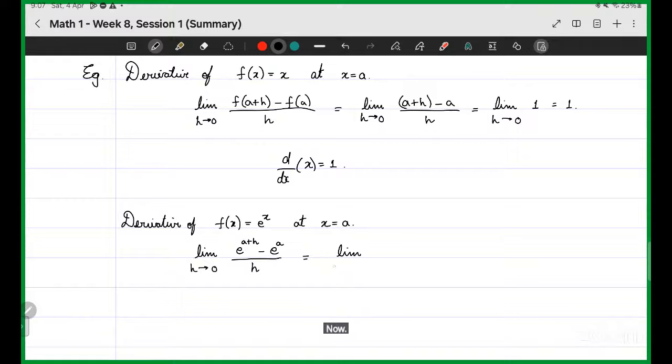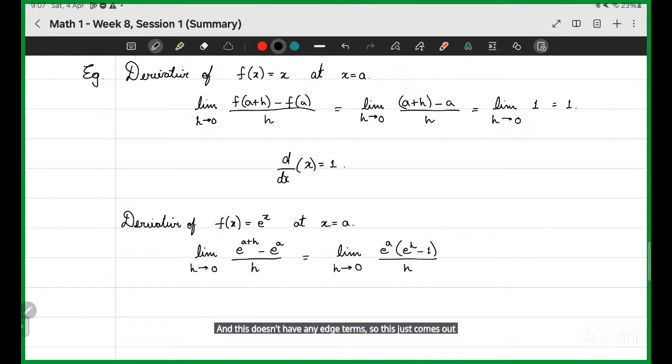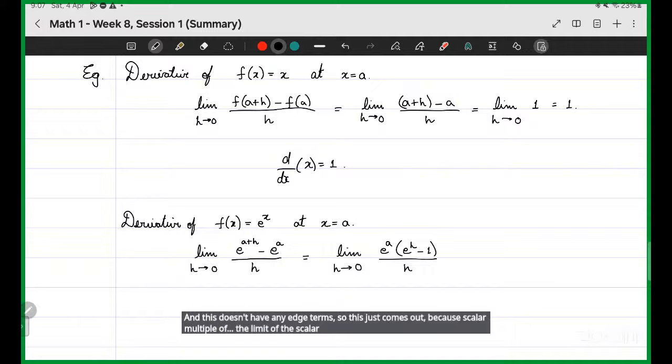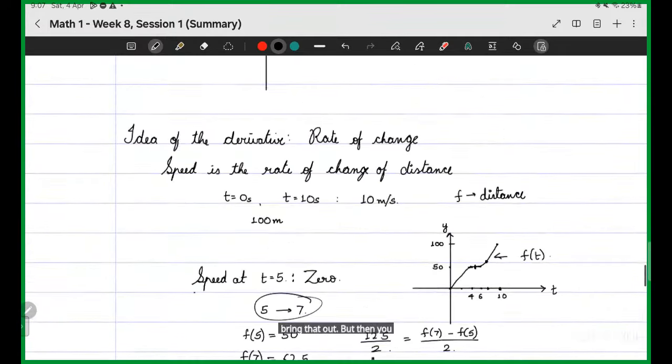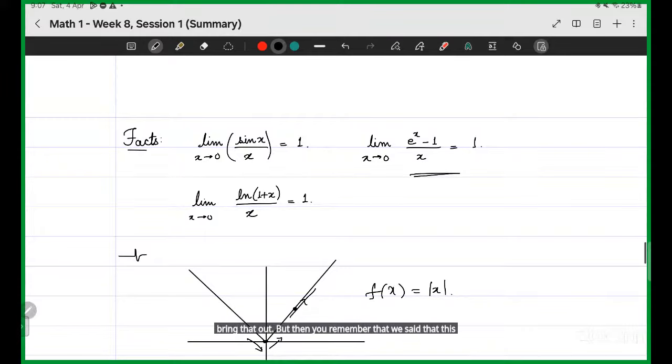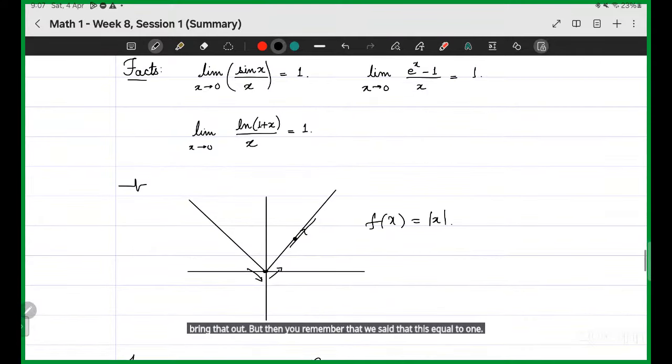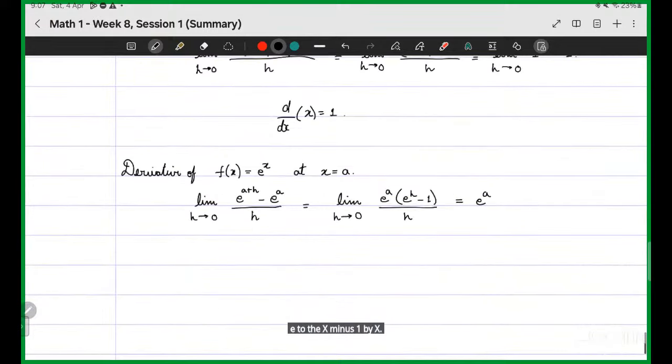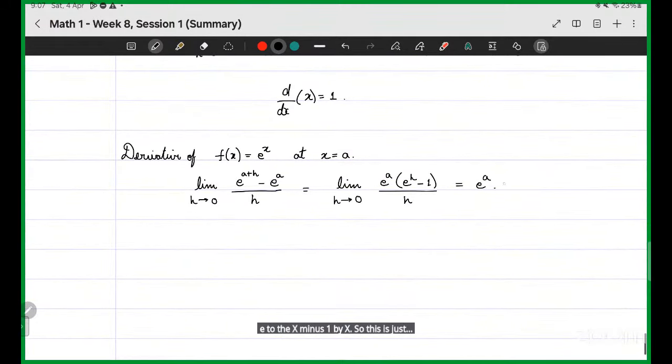Now I can take e to the a as a common factor, and the remaining part doesn't have any h term. So it comes out, because the limit of a scalar multiple of a function is the scalar multiple of the limit. But then you remember that we said e to the h minus 1 by h is equal to 1. So this is just e to the a times 1, which is e to the a.